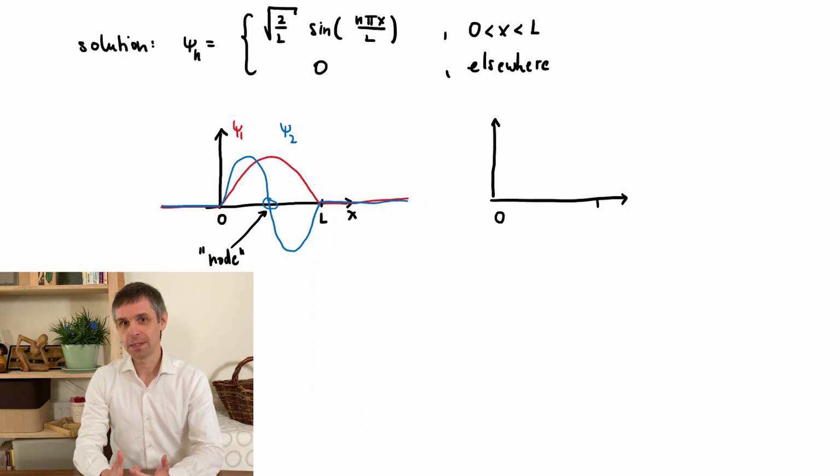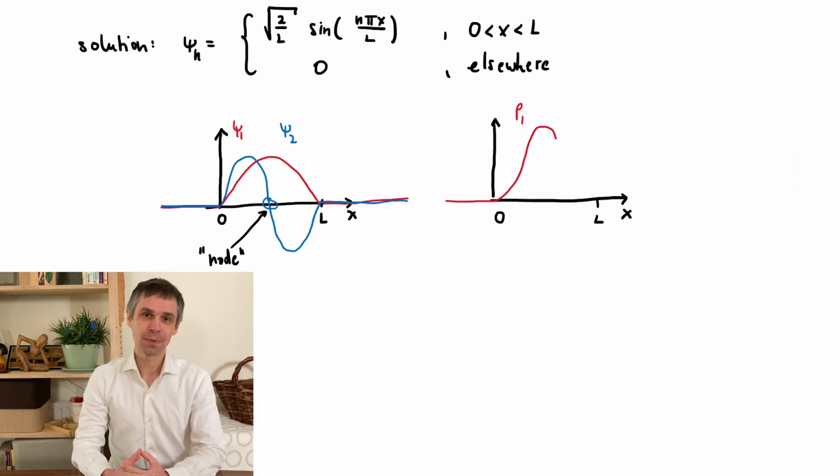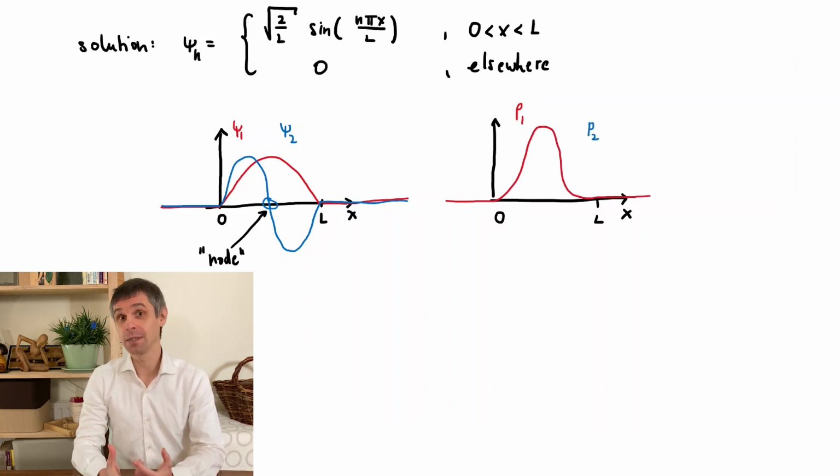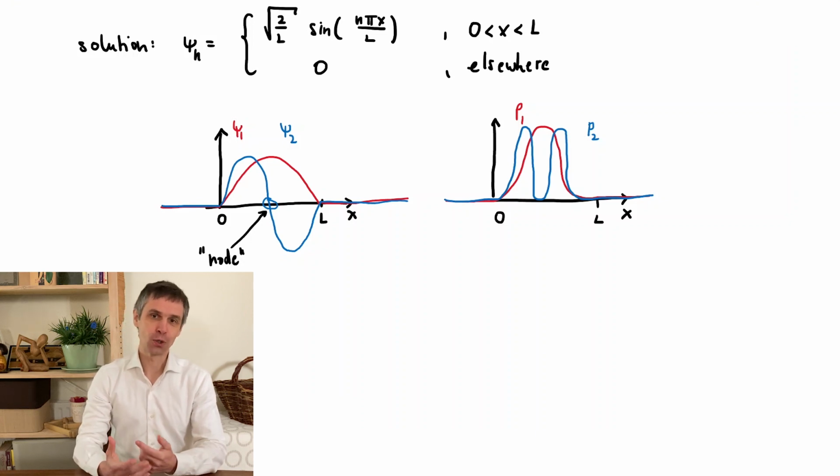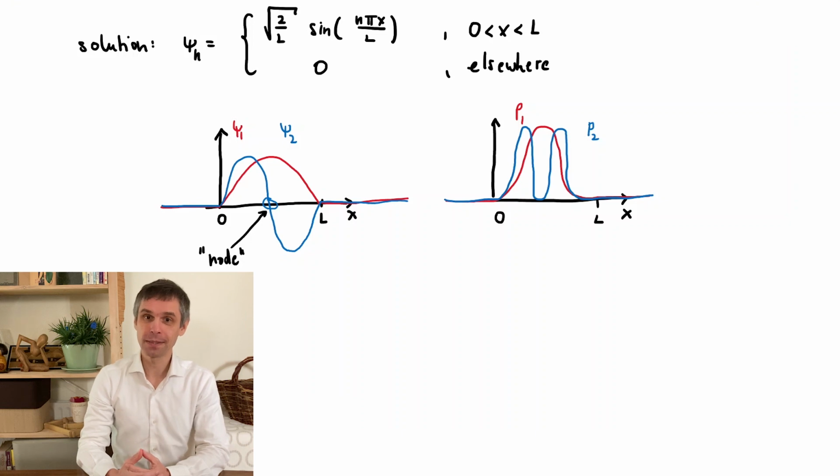When we square the wave functions, we get the corresponding probability densities, which again display these symmetric oscillations that we already mentioned when we worked out the normalization integral. So they look a bit like a diffraction pattern and tell us where we are likely to find the particle in space. Recall the discussion of the double slit experiment.